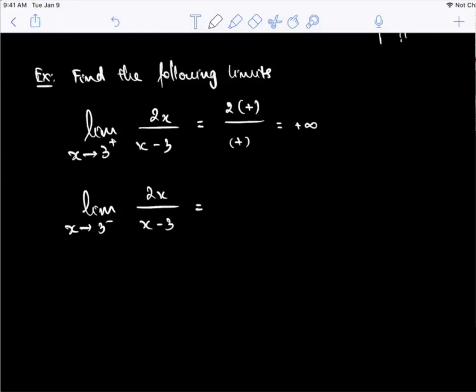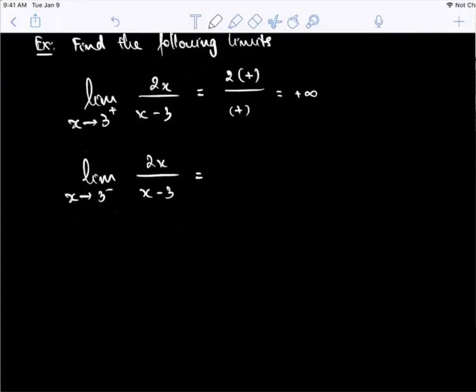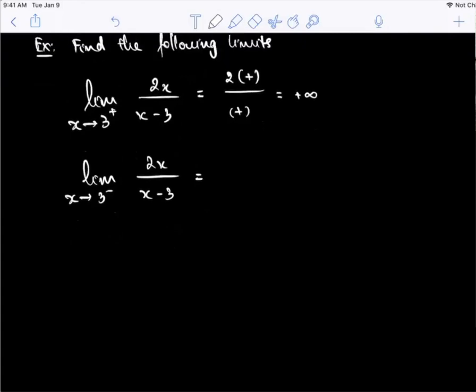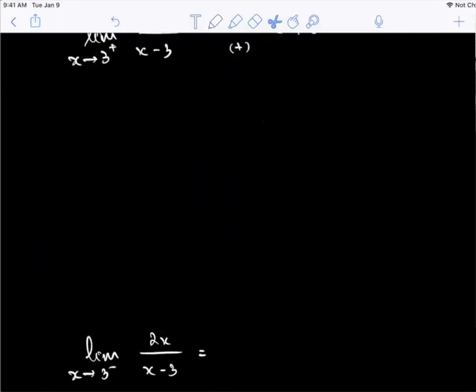You follow the idea? Because I want to choose something on the right of 3, but very close to 3, like 3.01, 3.001, or 3.0001. It's very close to 3. So that's why I got positive infinity. If you're not sure about this, you can briefly work out the details.